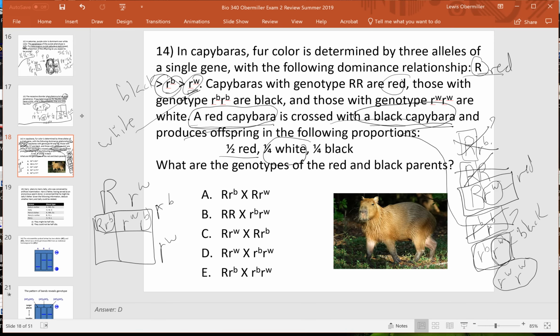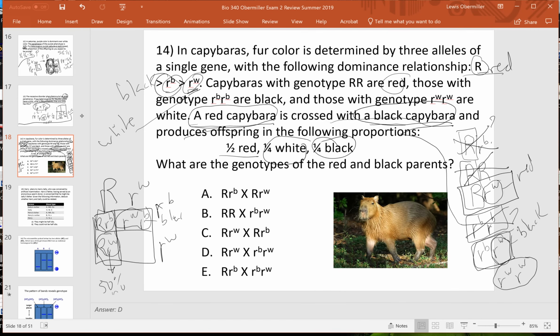So what color would this? Black trumps over white. So this one would be black. This one would be big R, little rw. So what color would this one be? This would be red. So both of these are red. So 50% red. This one is 25% black. And this one would be the only way to get white, which would be 25% white, which explains this outcome.